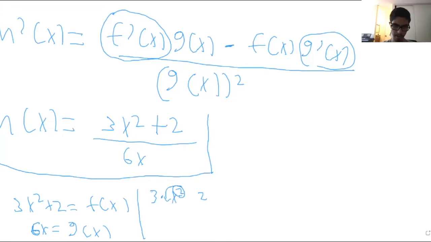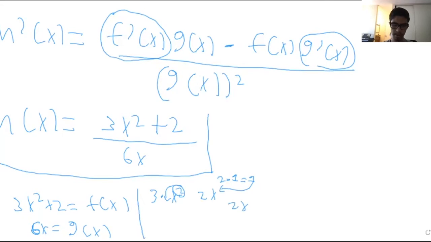So you would get 2x, and then that previous exponent, 2 minus 1, equals 1. Bring that there, so that'll be 2x to the first power. And then your original coefficient, just multiply it by the 2x. 3 times 2x is equal to 6x.